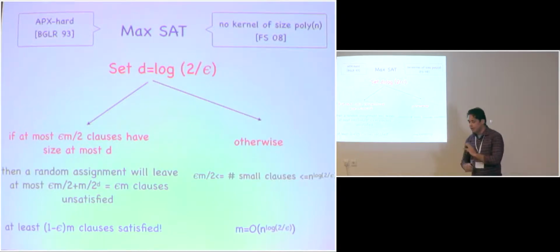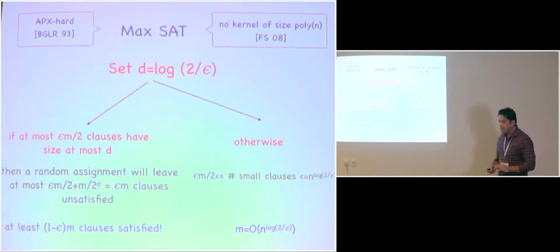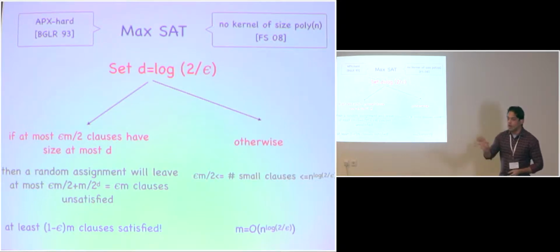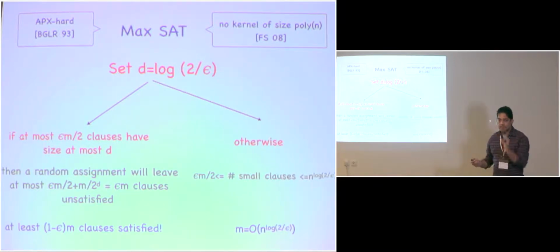So let me give you a very quick kernel. It's based on the following observation. Set d equals log 2 over epsilon, where epsilon is any fixed constant that you gave to me. It's a fixed constant between 0 and 1 for now. And based on that, I set d. And now I check: are there at most epsilon m over 2 clauses that have size at most d, where m is the total number of clauses?